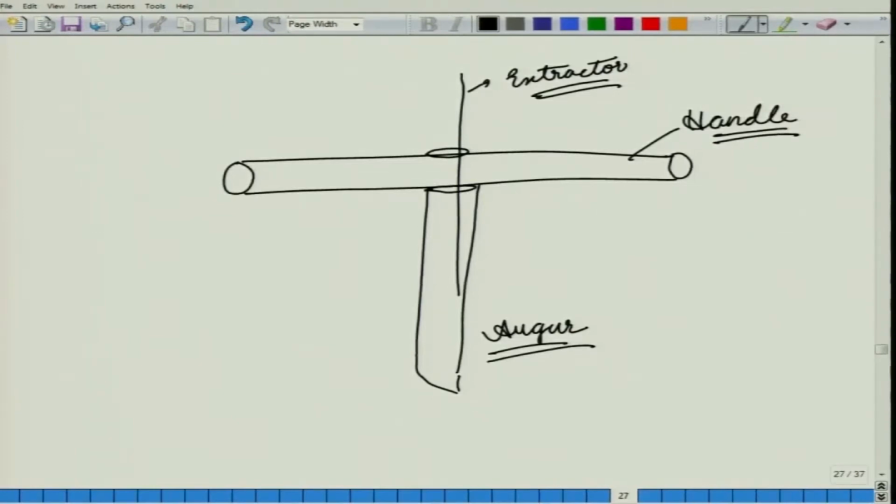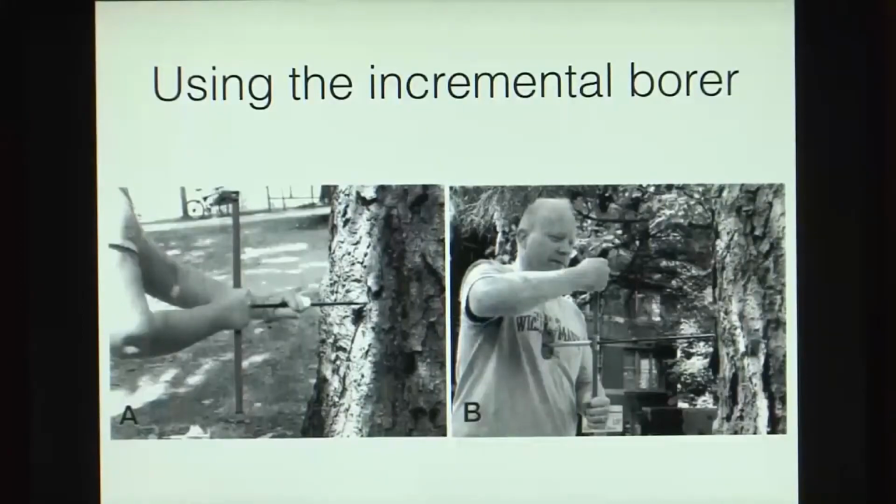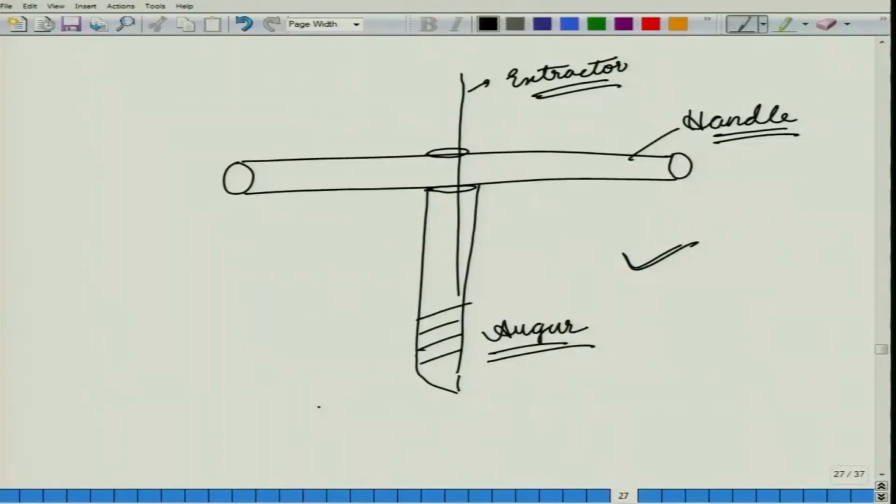So, how do we use this instrument? This portion has got some screw-like linings. If we look at the slide, on the left side it shows us an increment borer being used. Now, if we move back to the diagram, you take the auger portion and rest it against your tree.